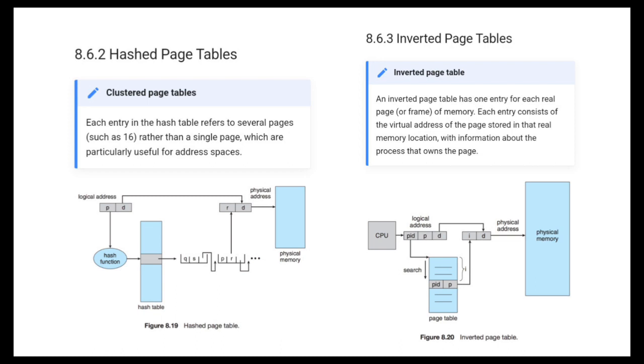An inverted page table lists all of the pages currently loaded in memory, for all processes. I.e., there is one entry per frame instead of one entry per page.